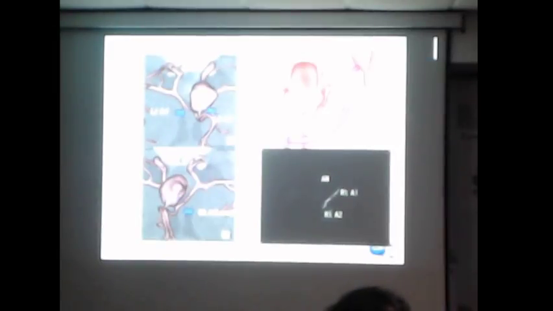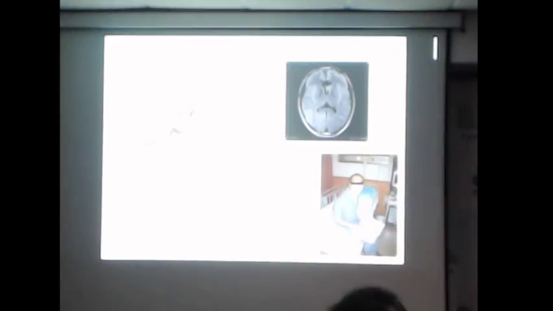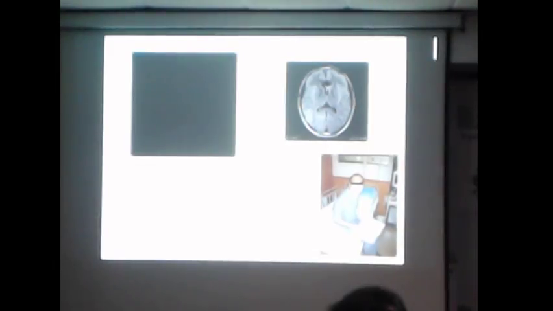And ICG showed the patency of the right A1 and A2, and the bypass patency I can also confirm. After the operation, the patient's condition is very good, and visual acuity recovered well, almost normal.